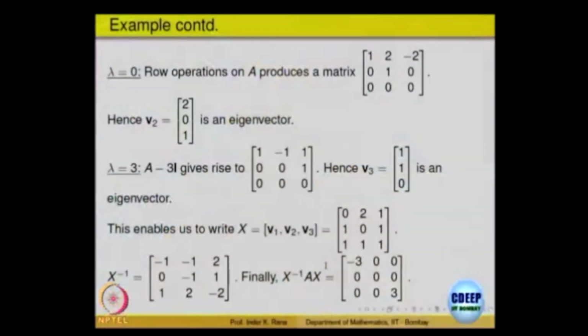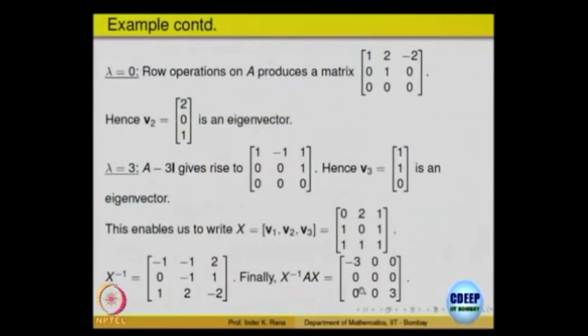Once that is done, you check that X inverse AX is equal to this, or simply AX is equal to X times diagonal. If you do not want to compute X inverse, you can just verify that. Okay. So, it is clear.